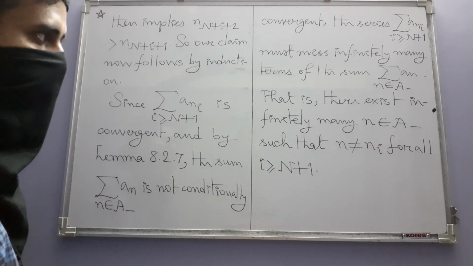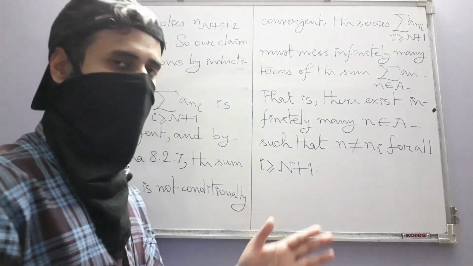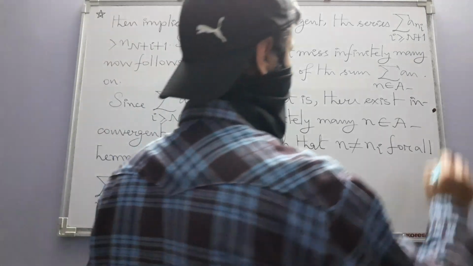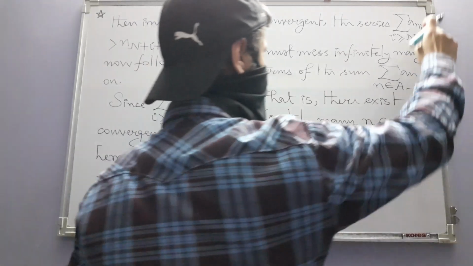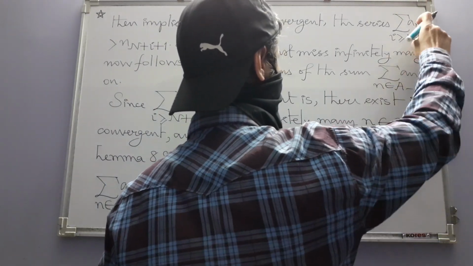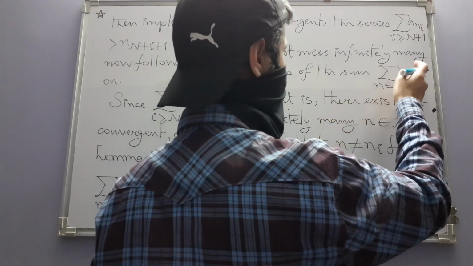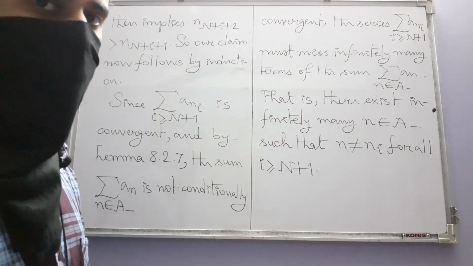Because otherwise, let me just repeat, because I think whatever I said just now is maybe a little bit confusing. This is convergent. Just think of it in simple terms. This is convergent, and the a_{n_i} that you see here are actually coming from here. Maybe not all a_n are available there, but some.